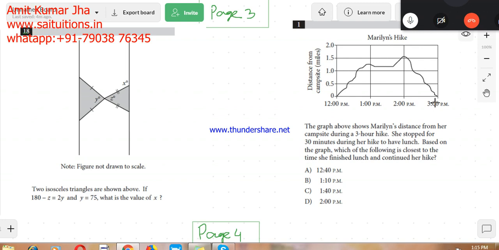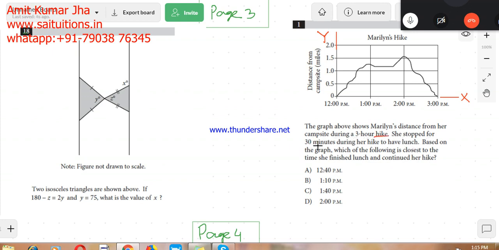Now see over here. In this graph, this is what we call the x-axis, and this is the y-axis. The graph above shows Marilyn's distance from her campsite during a 3 hour hike.